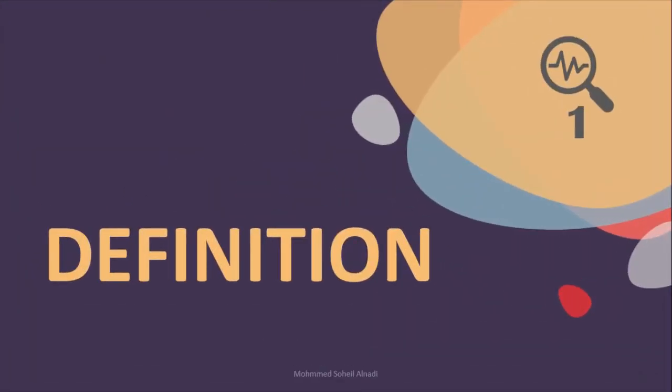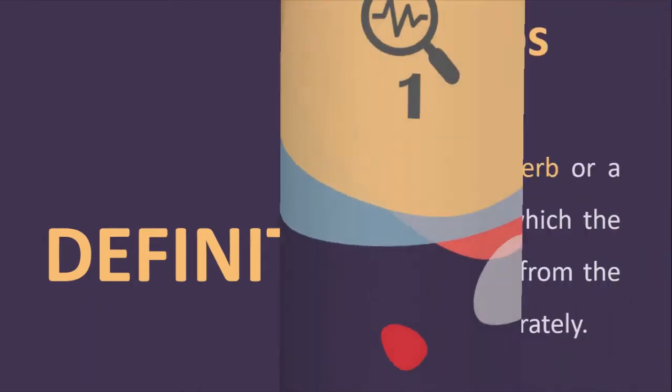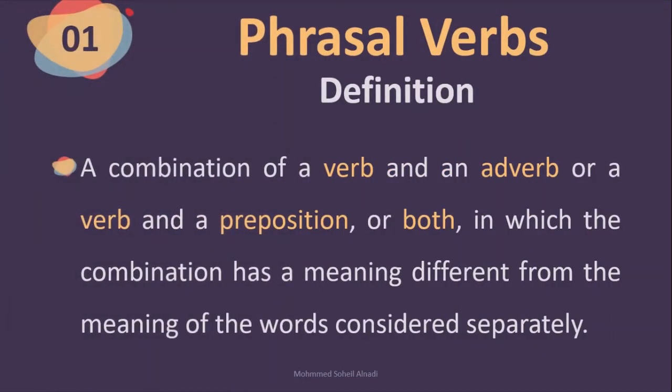And the first thing to start with is the definition of phrasal verbs. Here what we can say: a phrasal verb is mainly a combination of a verb and either a preposition or an adverb or both all together that function as a verb, but it must be considered a phrasal verb when its meaning is different from the combined meanings of the individual words or its constituents.